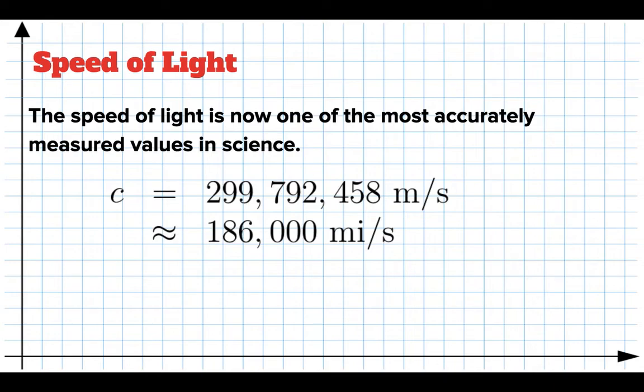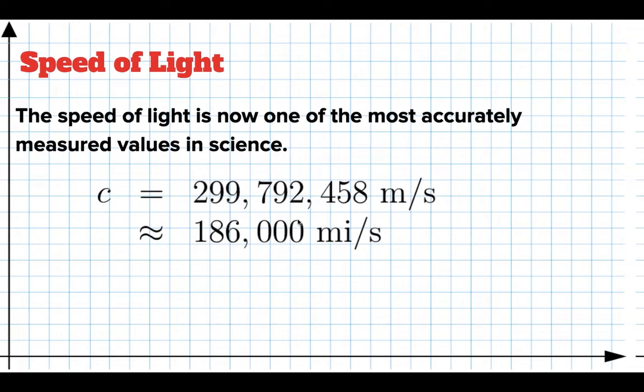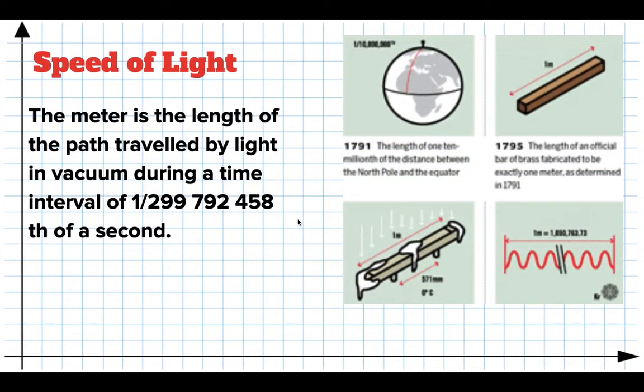But that speed is well known. In fact, it's so well known, we actually define the length of a meter based on how far light can travel now. So in the old days, the people in Paris wanted to make the meter 1/1,000,000th of the distance from the North Pole to the equator on a line that passed through Paris, France.